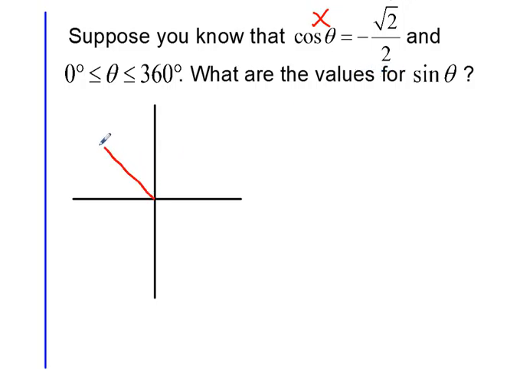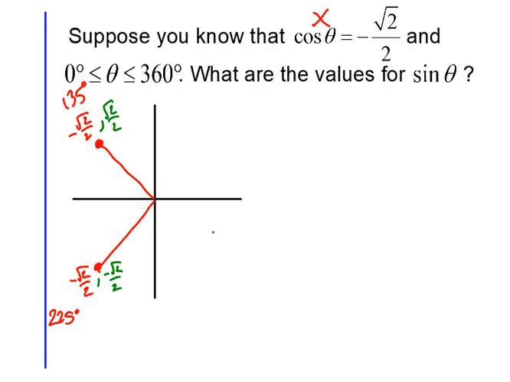It could be here at 135, or it could be here at 225. At these two locations, the y value is positive square root 2 over 2, or at negative square root 2 over 2. So what are the possible values for sine of theta at these 2 points? Positive or negative square root 2 over 2.